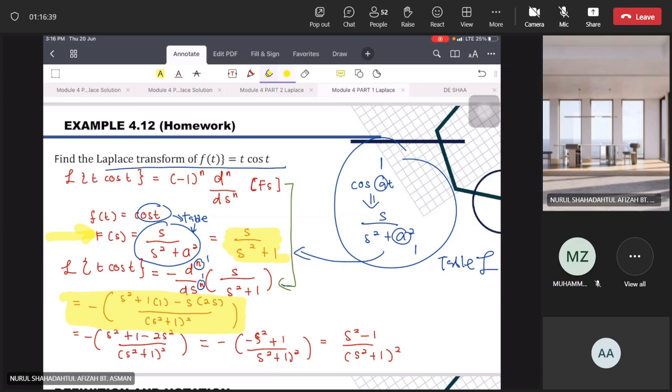Yeah, T. Yeah. Because T from the table also, Tn equals to, yeah.